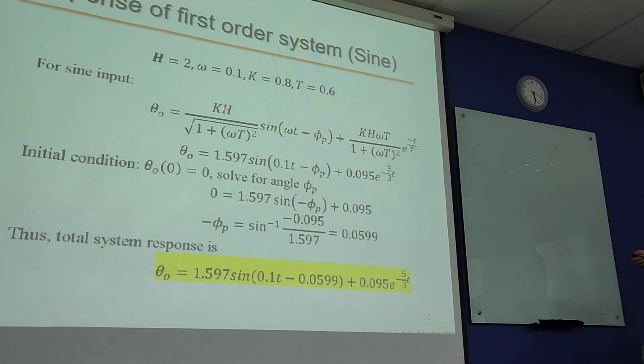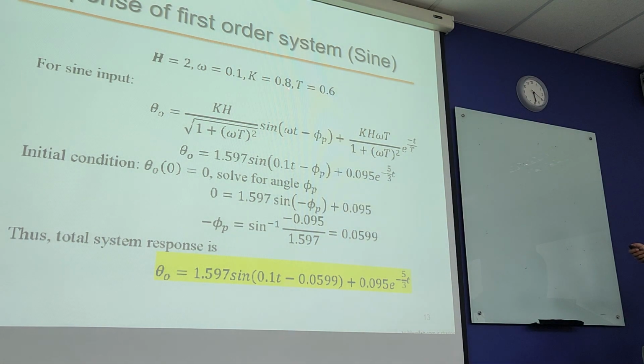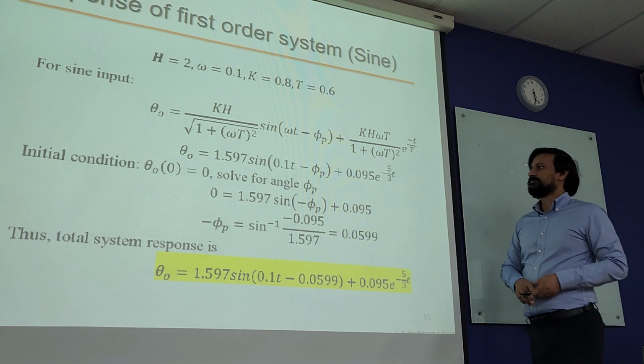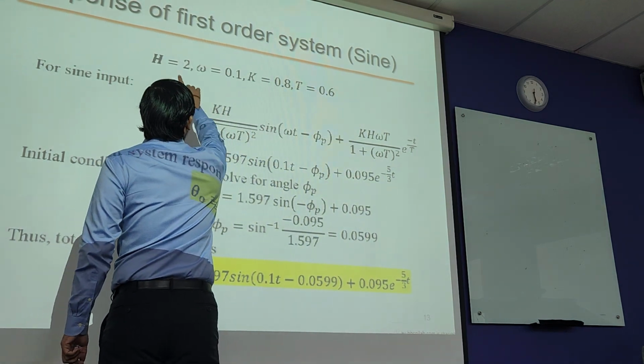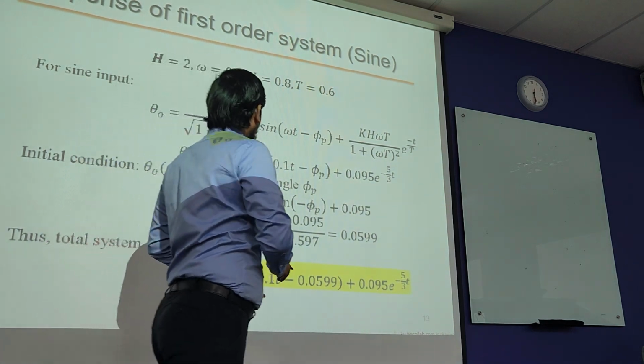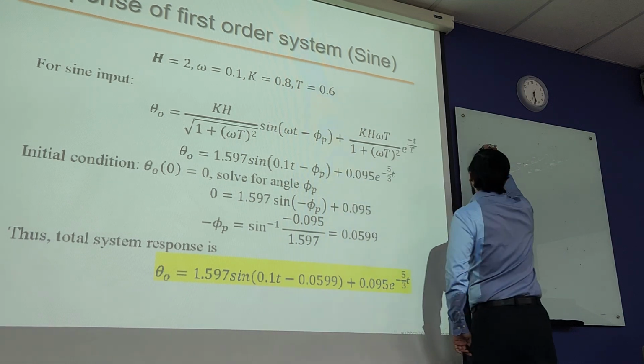Okay, so first, I won't write this entire thing. First I will put H, omega, K and T. All the values come from our question. K is 0.8 and H is 2. Better write that one.